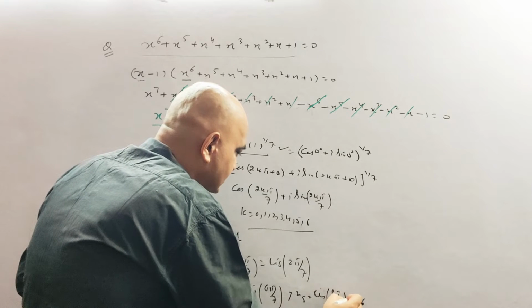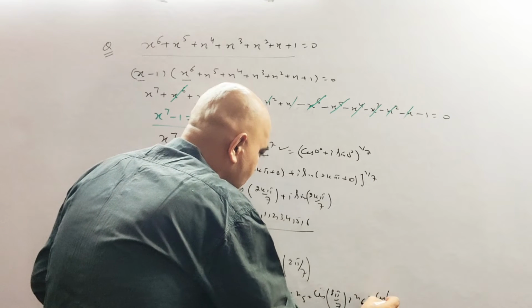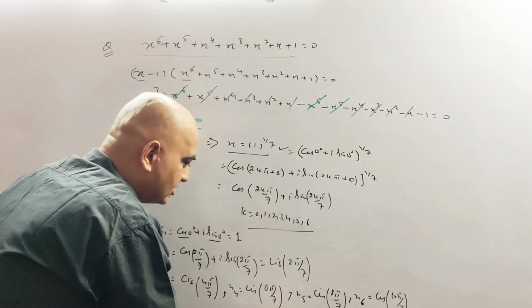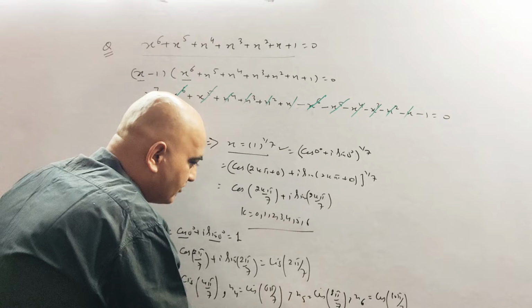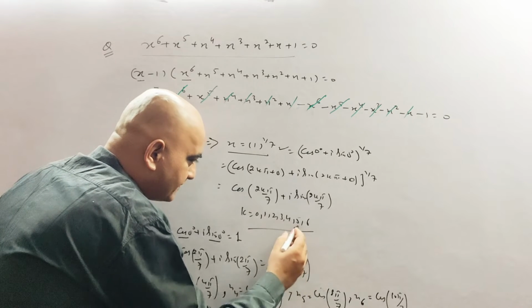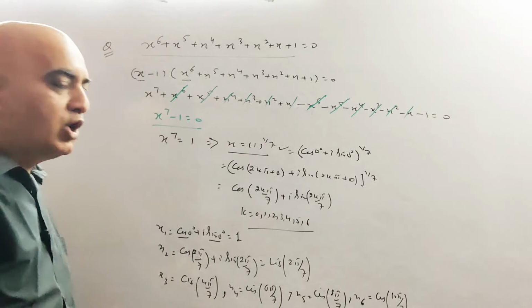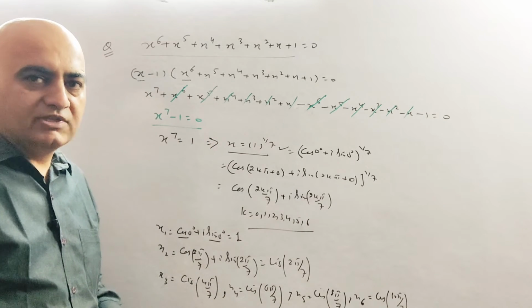And x6 becomes cis of 10 pi by 7, right? And x7 becomes cis of, put 6 in this, 12 pi by 7. So in this way we obtain the 7 roots of this equation.